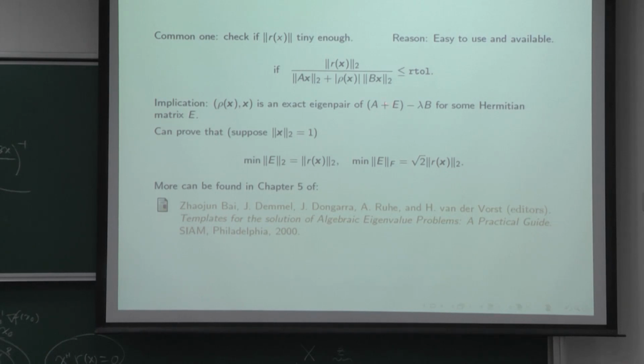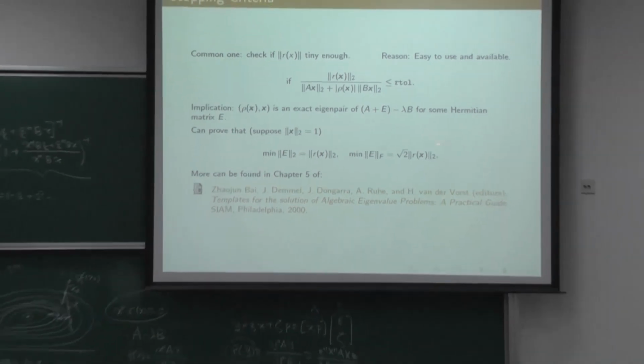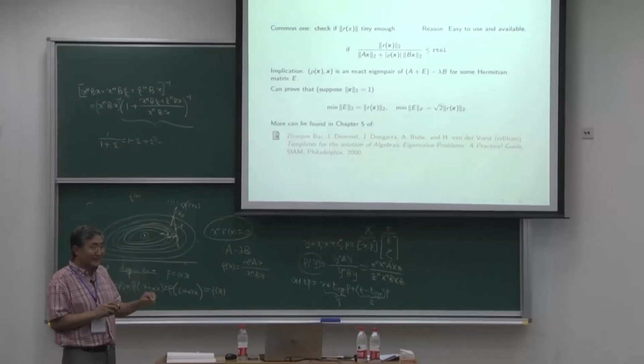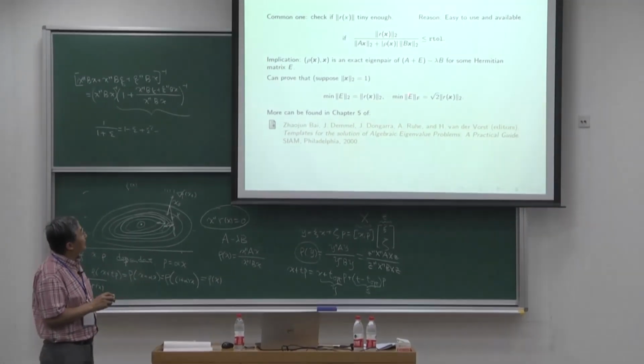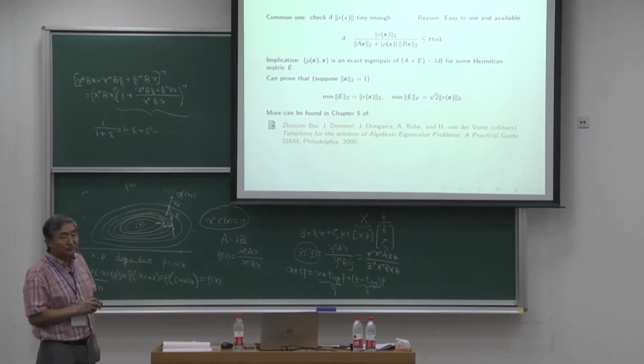It turns out this E, the smallest E that can make this an exact eigenpair, would be the same as the residual norm. So that's good. If the residual norm is small, that means the number you report is the exact eigenpair of a nearby problem. This is for the 2 norm. For the Frobenius norm, you just put a square root 2 there.